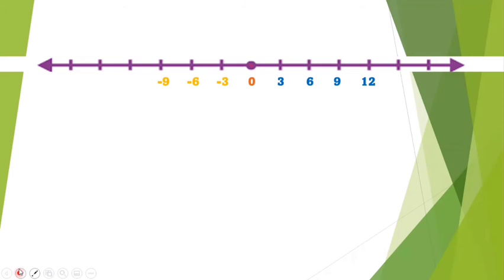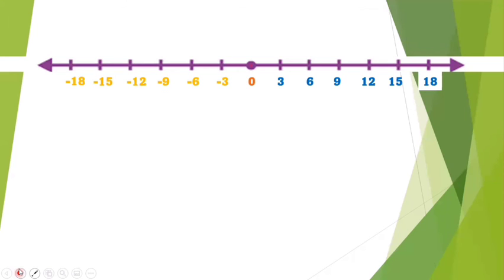That is 12, positive 12, and we have negative 12 on the left. And the next one is positive 15, and we have negative 15 on the left. Count of 3 lang. And we have positive 18 on the right, and negative 18 on the left. That is how we're going to make our number line.